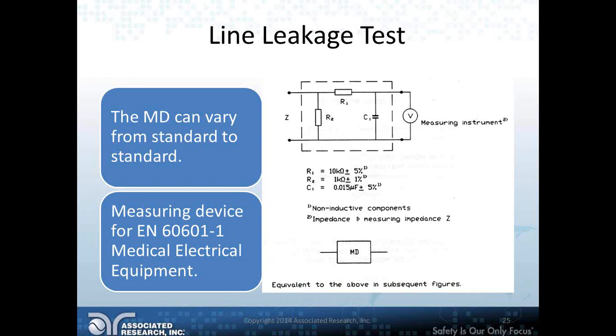Arc detection itself is not an exact science. It has so many variables that it becomes more of an approximation than a science. But Associated Research has come up with a very smart way of measuring arcing conditions during a hipot test.